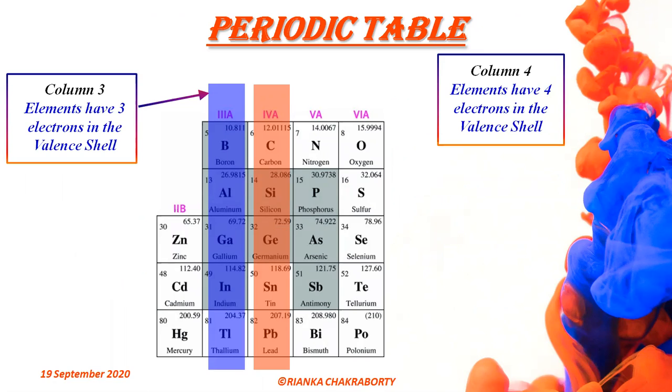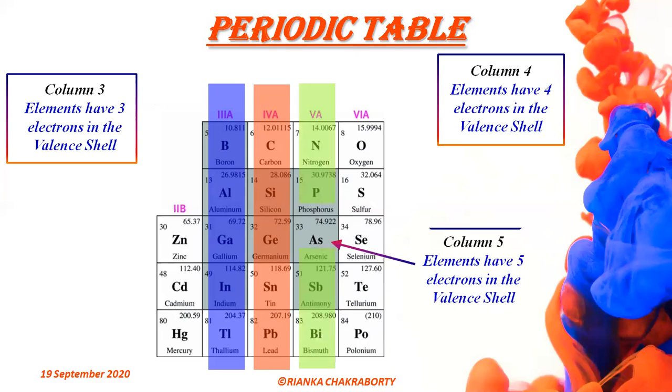In the group 3 column, there are boron, aluminium, gallium and so on. These are group 3 or trivalent elements. These have 3 valence electrons in the valence shell. And nitrogen, phosphorus, arsenic, antimony are group 5 or pentavalent elements. These have 5 electrons in the valence shell.